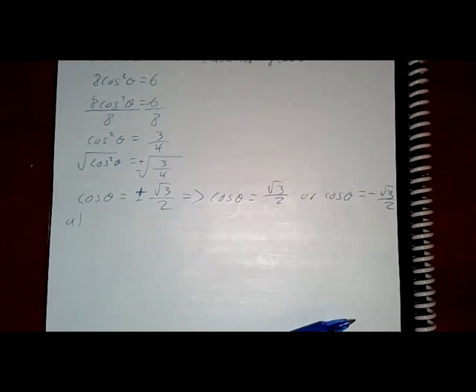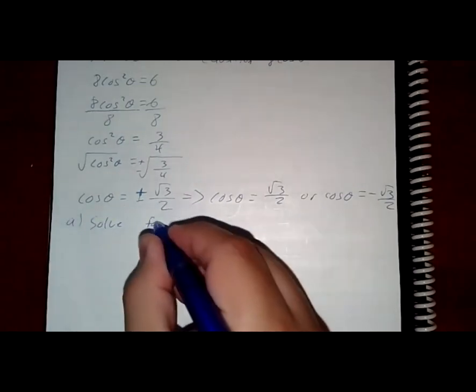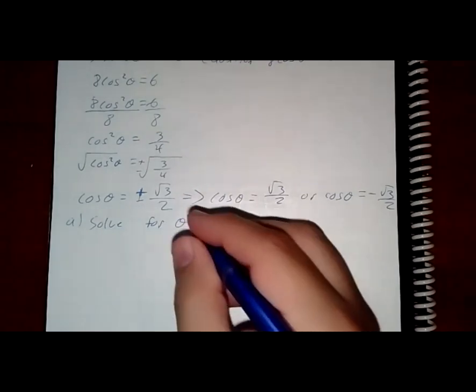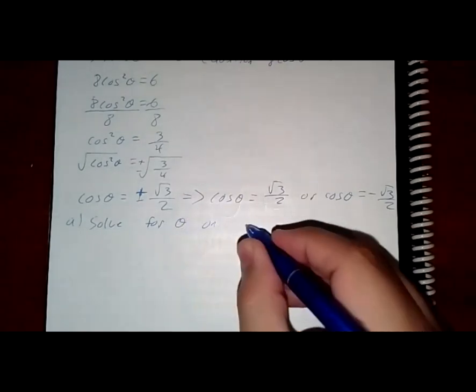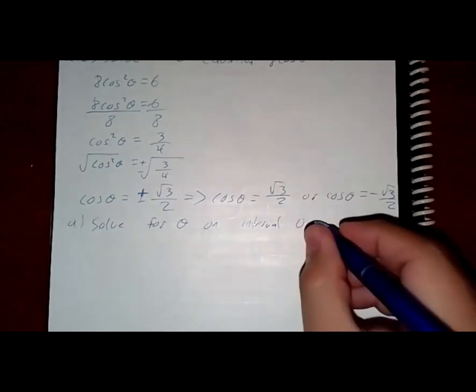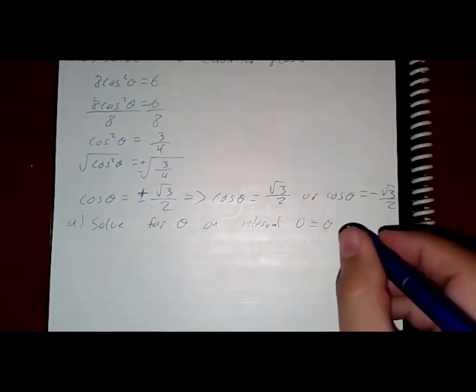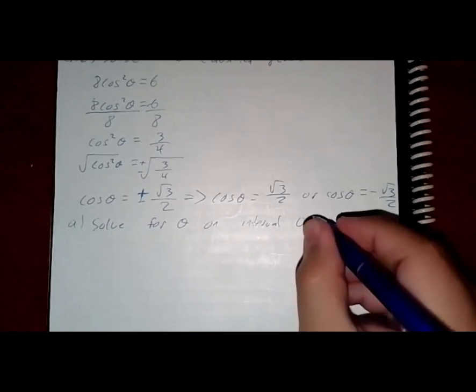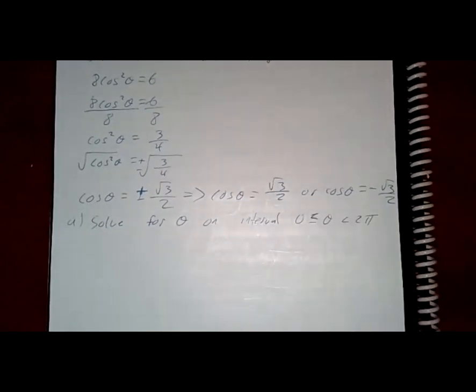Part A is, let's see. Ah, here it is. Solve for theta on interval 0 to 2 pi. Right?